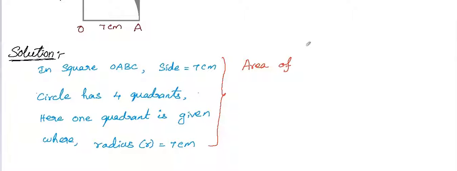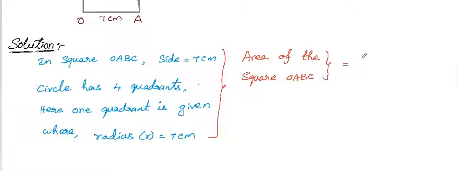Area of square OABC equals, we know that the area of a square is side square, so here the side length is 7 centimeter, so 7 square, which is 49 centimeter square.